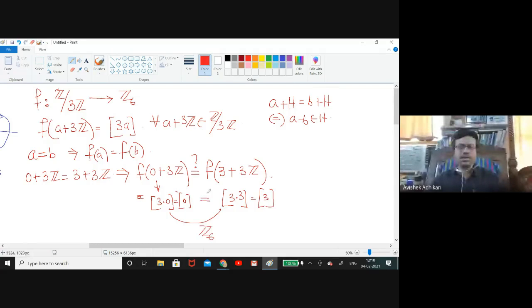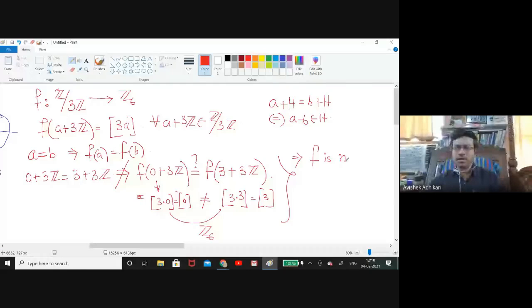So this does not imply they are equal. As a result, this function is not well defined. That means f is not even a function.